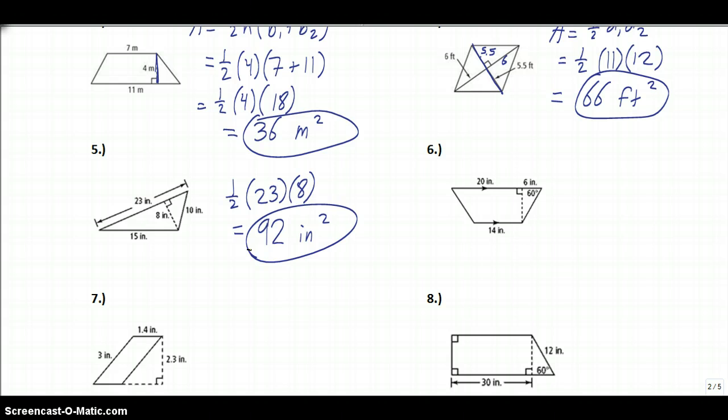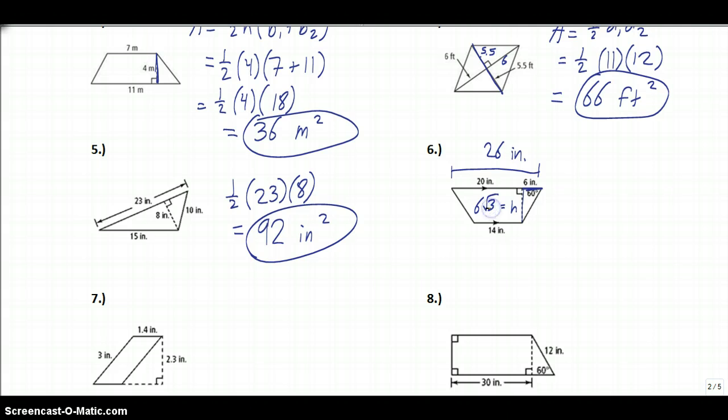Number 6, again, is a trapezoid, only this time they didn't really give us the height. We're going to need to find that. We know this base is 26 inches due to simple addition. And if I look here, I have a 30, 60, 90 right triangle. If you remember 30, 60, 90s at all, you know the short leg can be multiplied by the square root of 3 to get the height here.